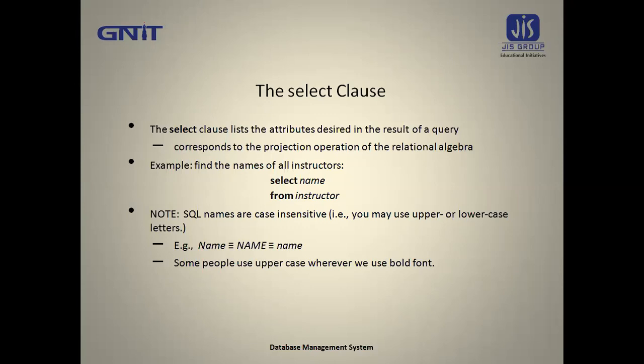So select name from instructor will first go to the instructor relation, then fetch all the names of the instructors and print them. So that is the select clause. It lists the attributes desired in the result of a query. So you write select, then the attributes you want to print. Then you write from the relation where you will get the attribute values.